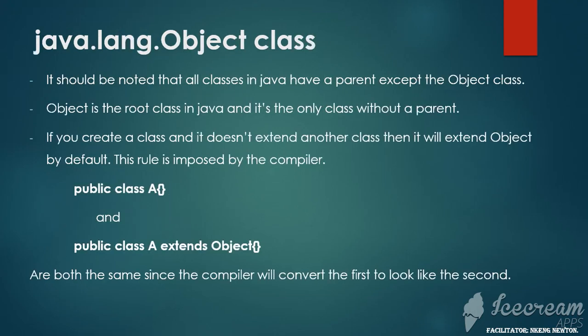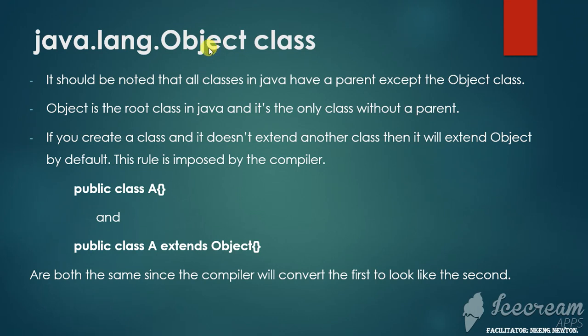Every class that you create in Java has a parent. This is how it works. If you create a class in Java and that class does not extend another class, then by default it is going to extend a class called Object. The Object class is the root class of all classes in Java, so it is known as the parent of all other classes in Java.